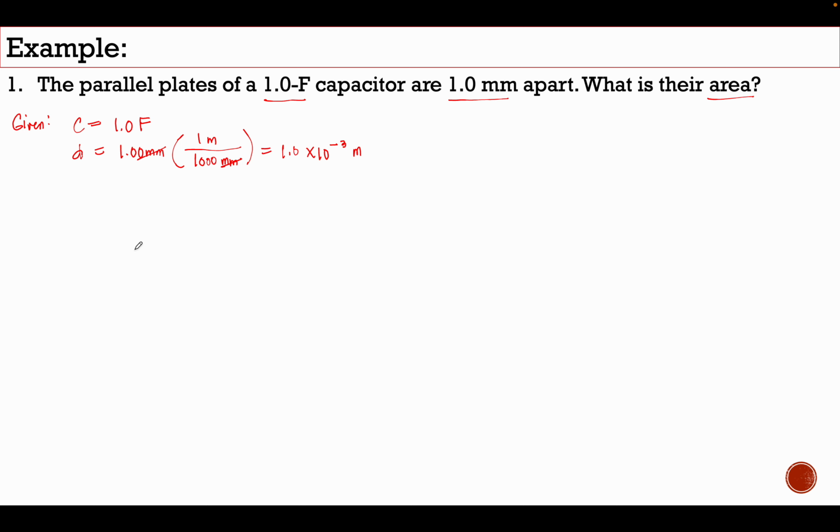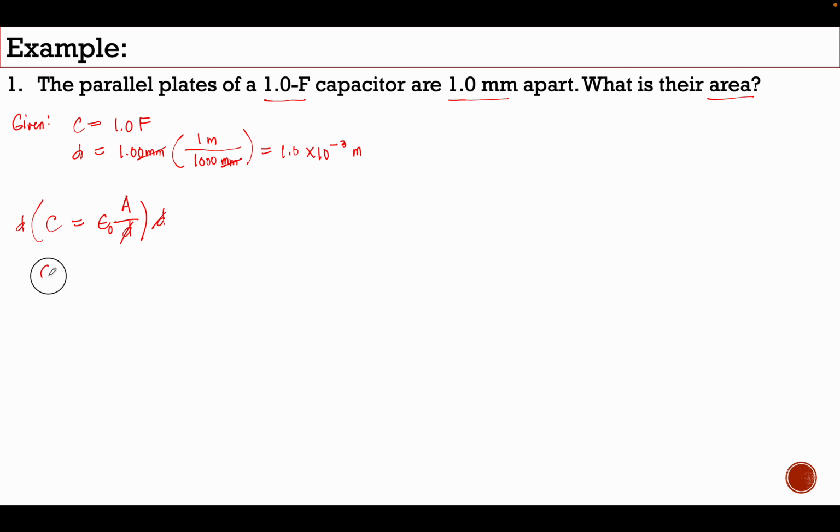So now, to solve for the area, diba, we have this equation for the capacitance. Capacitance is equal to the permittivity of free space constant, epsilon naught, times the area divided by the distance. So to solve for the area, we need to multiply both sides with D, so that the D here will be cancelled out.